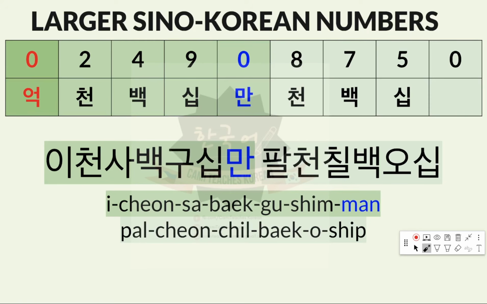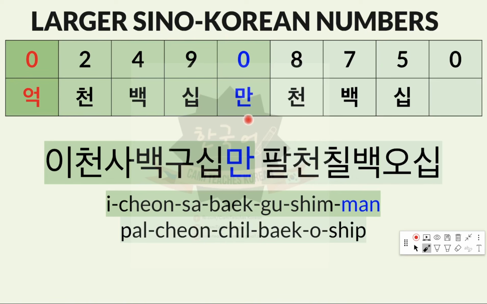Next, we have a larger number now. How do I read this? Sometimes I also need to pause before I read it. So this is 24,908,750. So it's 24 million. Once we reach this large number, the chon, bekship, man group is said only once.